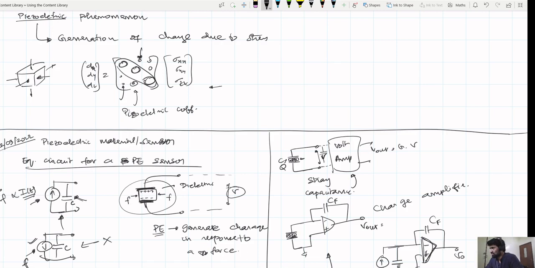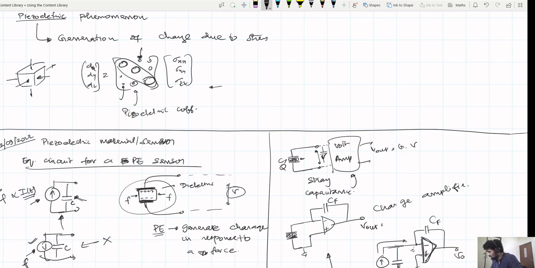There is current only in the upper side of the wire. There is no current in the lower side of the wire. Because of the high gain of your op amp and the way you've connected this, this point is at virtual ground. That means the voltage difference across the capacitor of the piezoelectric sensor is zero. There is no charge deposited here.